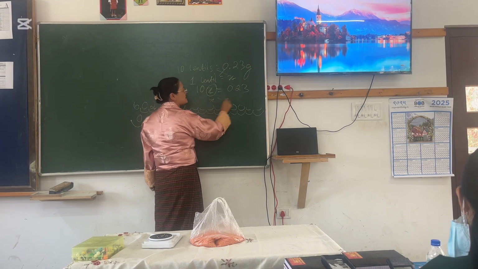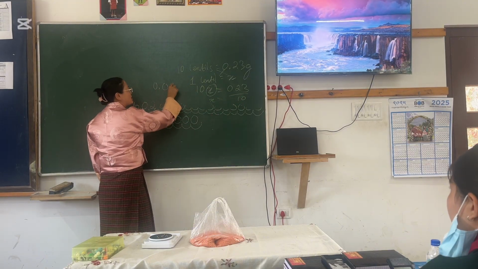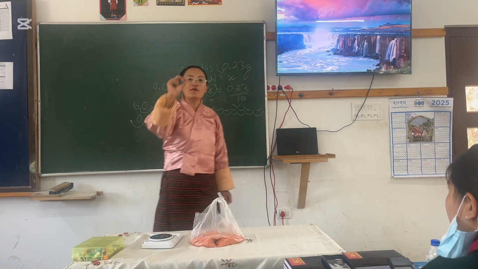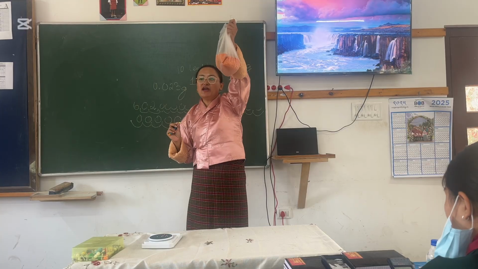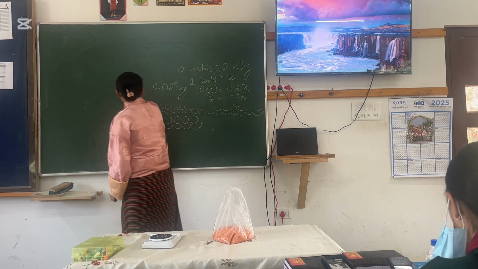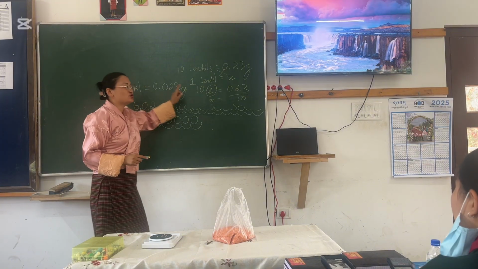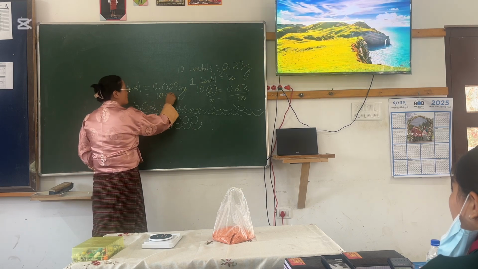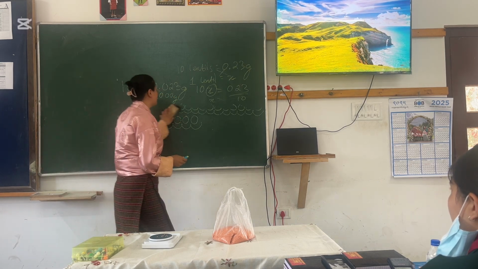So solve for x, again simple. 0.023 grams is for one lentil. Now how much do we have here? 1,000 grams. So one lentil weighs 0.023 grams, and we have 1,000 grams.